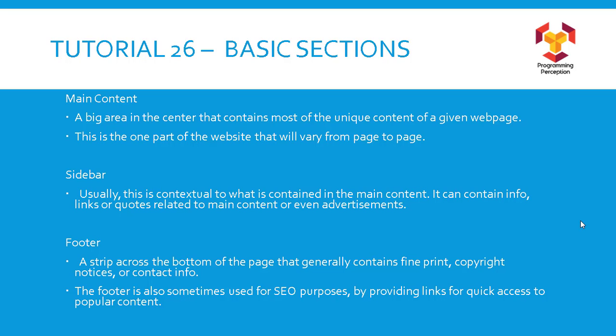Just like your header remains the same throughout the website, similarly the footer remains the same throughout the website and is available at the bottom of the page. The information about copyrights, various notices, privacy policies, contact information, the logos, these things are part of the footer. Nowadays, to optimize the search engine ranking for your website, websites also use footers to provide links for various popular content of their website.